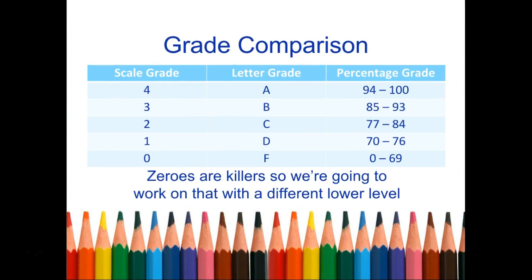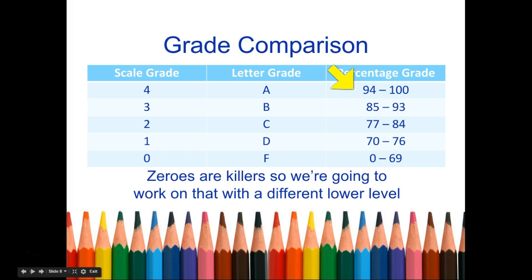So let's take a look here at grade comparisons. Your scale grades, this is what I'm talking about over here. A 4 is equivalent to a letter grade of an A, and in our scale system here at Central Middle School, 94 to 100. So you say, okay, if I earn a 4, what am I going to get? Well, I always err to the side of the student.